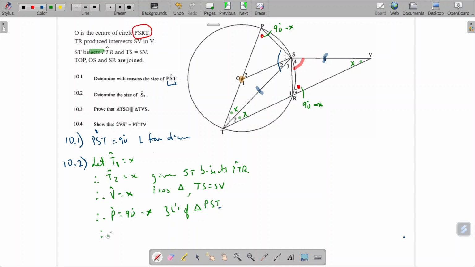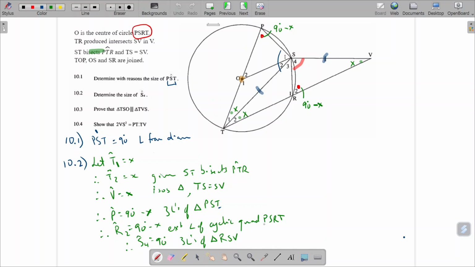And it then followed that R2 equaled 90 minus x, exterior angle of cyclic quad. And the cyclic quad here was PSRT. And as a result, S4 equaled 90 degrees, 3 angles of triangle RSV.